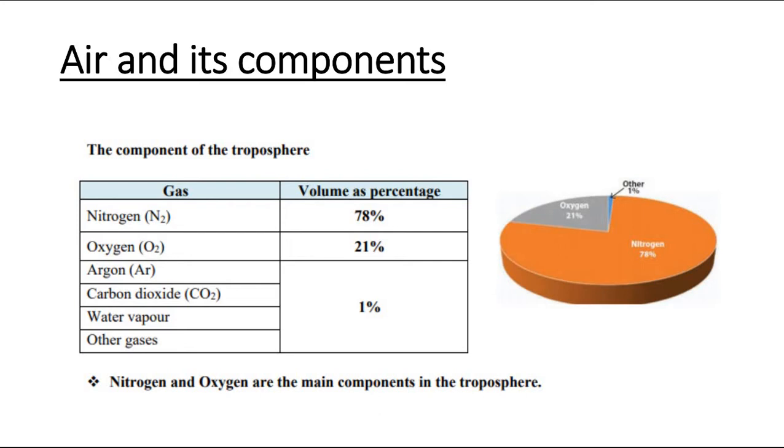The lowest layer is the troposphere, and here we find 75% of the air in the atmosphere. So in the troposphere we get 75% of the total air we find in the whole atmosphere.